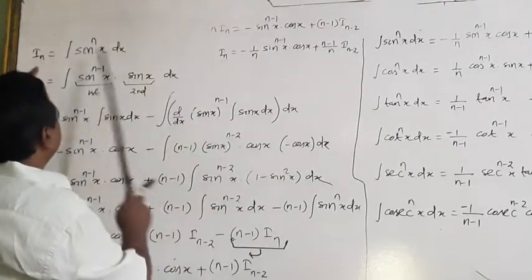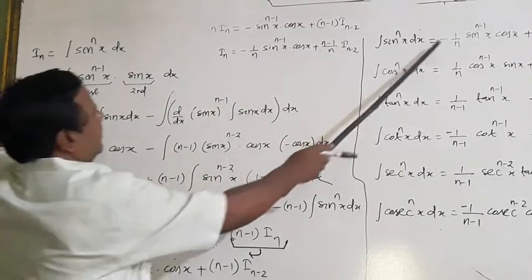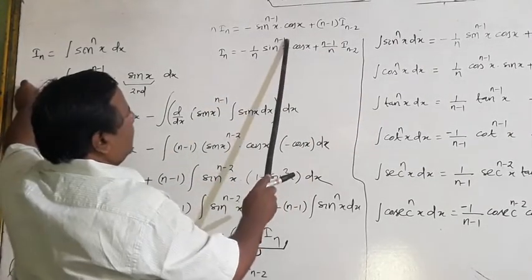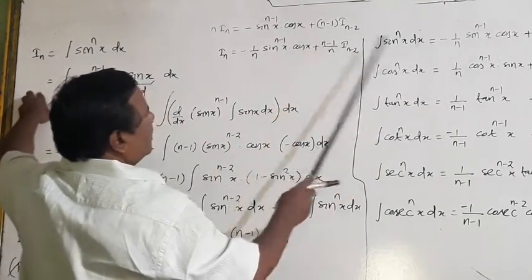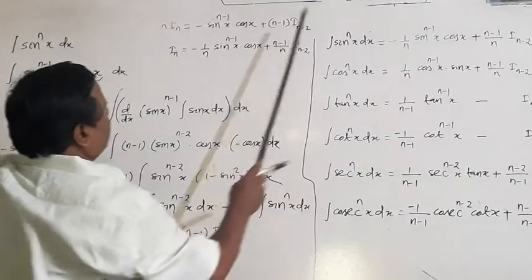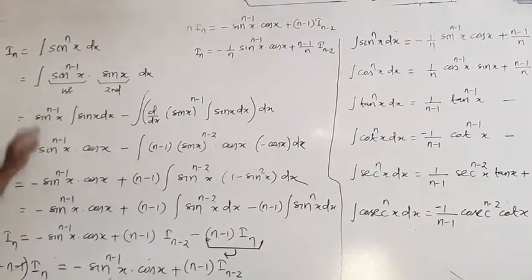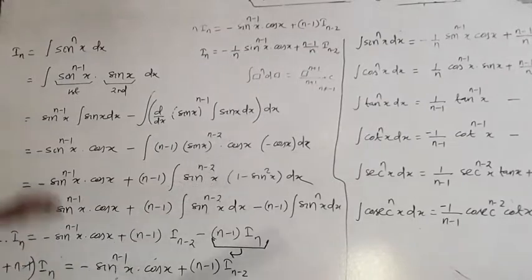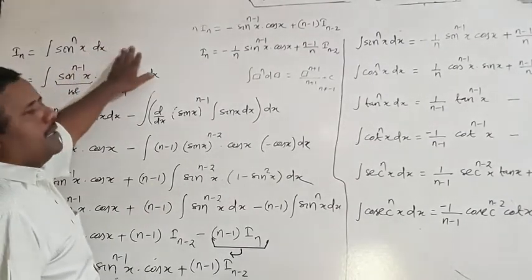I n means sin power n. It is minus 1 by n sin power n minus 1 x cos x plus n minus 1 by n I n minus 2.